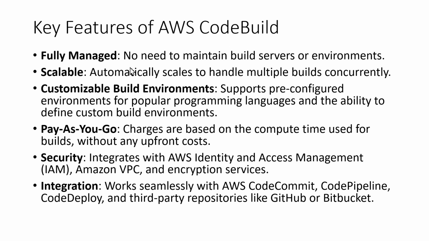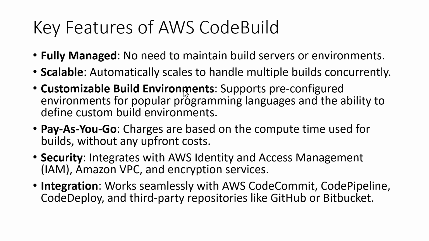So fully managed, as I just mentioned, right? We need not maintain each and every server or set up the environment. Everything is taken care of by AWS itself. That is also a part of AWS CodeBuild, and also it's scalable.